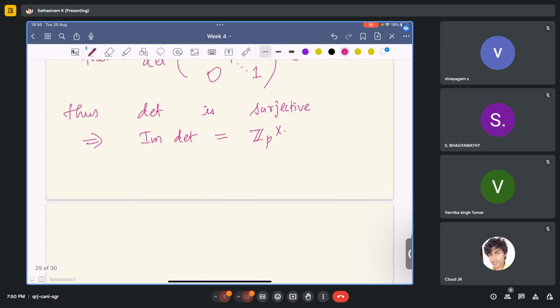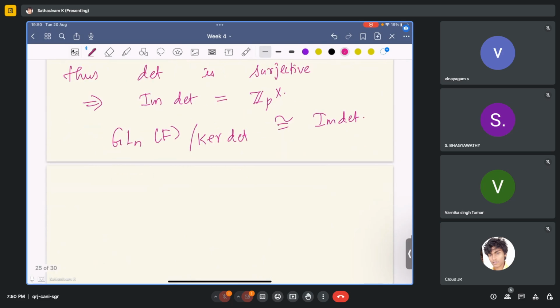So the first isomorphism theorem says that GL_n(F) by the kernel of the determinant is isomorphic to the image of the determinant, right?